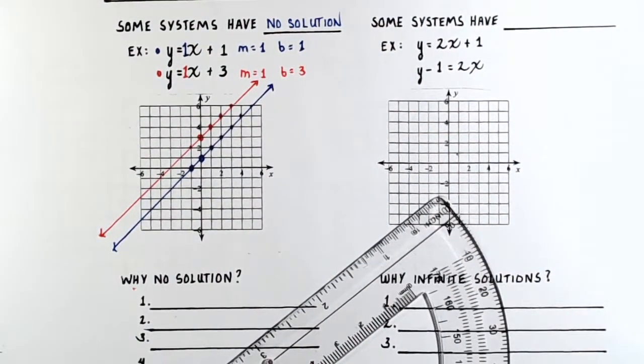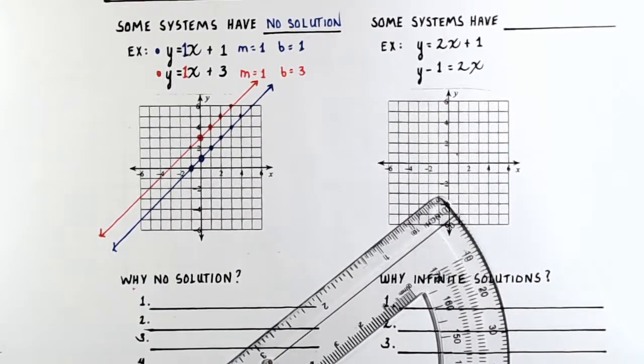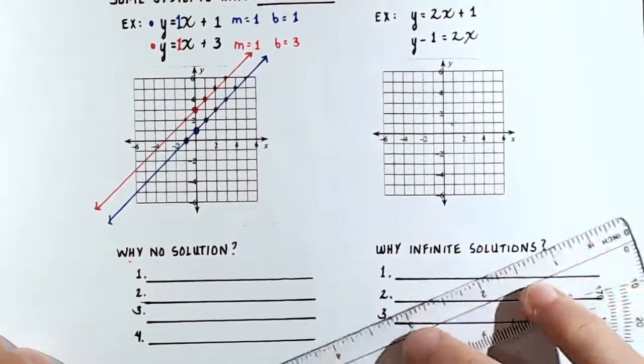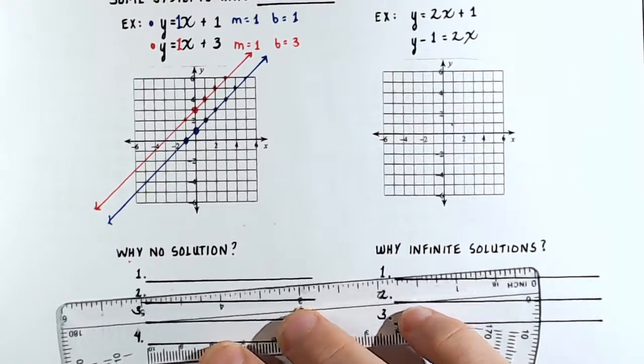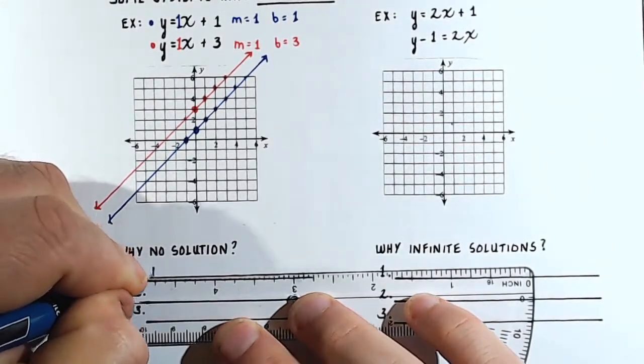Well, why is that? From a visual perspective, it looks like these lines are parallel to one another. And parallel lines never cross. So down under why no solution? The big one is the lines are parallel.